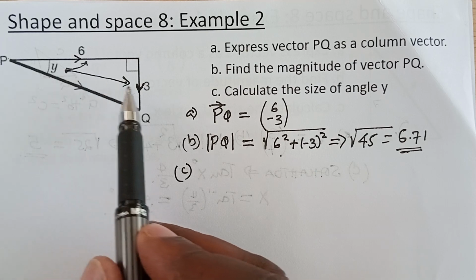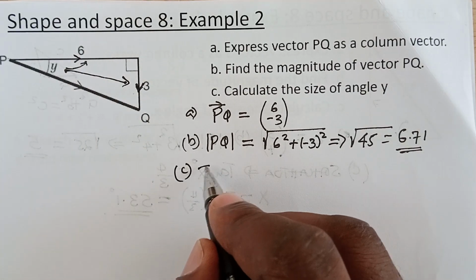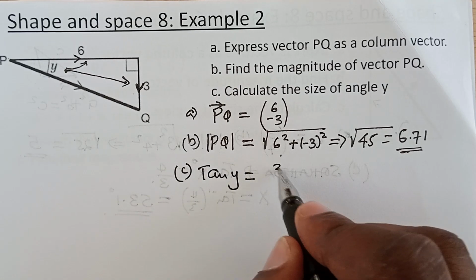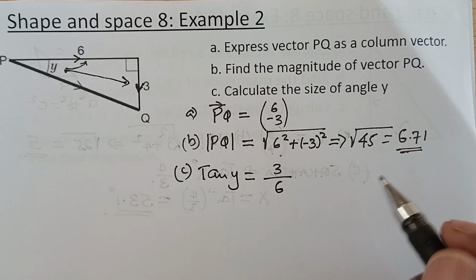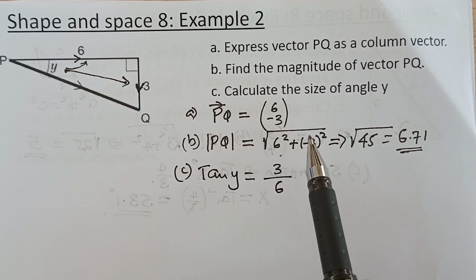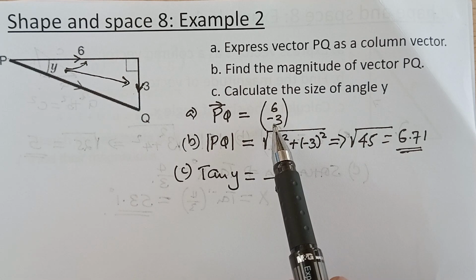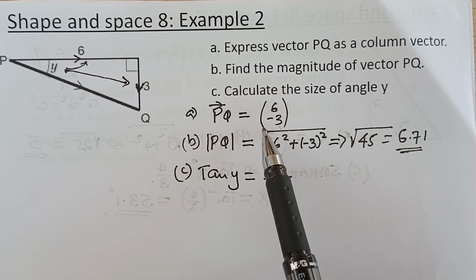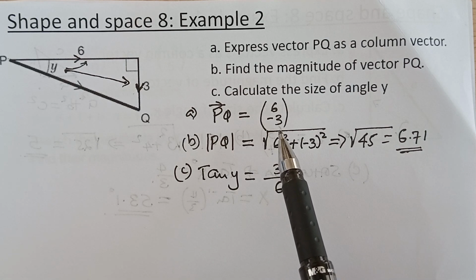Incidentally, here we have the opposite side and the adjacent. That means we can again use the tangent: tan y is opposite, which is 3, over adjacent, which is 6. Let me say something here. When answering part A, we said the column vector is (6, -3). The minus 3 does not talk about the size of the steps.